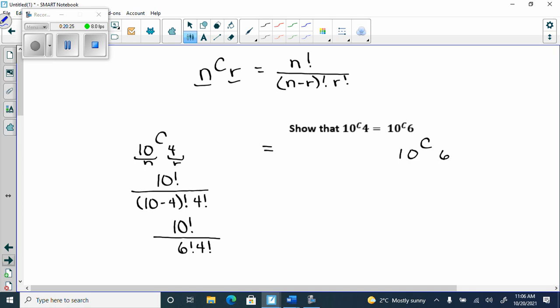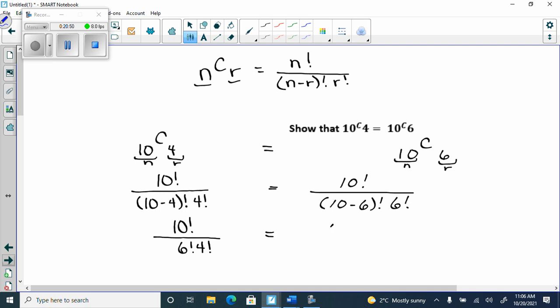Let's try it with the other ones. I'm going to put an equal sign in between. Hopefully these equal. Because it's saying show that they equal. Really hope it's not wrong. We also just proved that it worked with our calculator. So now this is my n and this is my r. So I'm going to go 10 factorial over n minus r, so 10 minus 6 factorial, r factorial, which is 6 factorial.